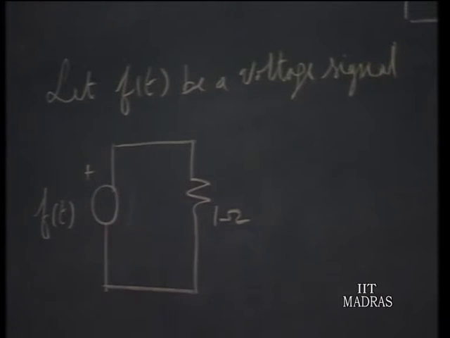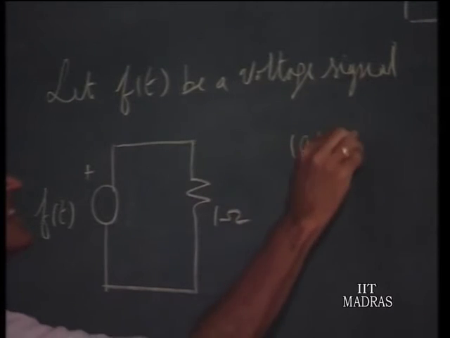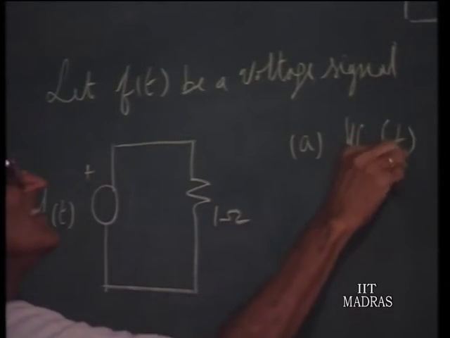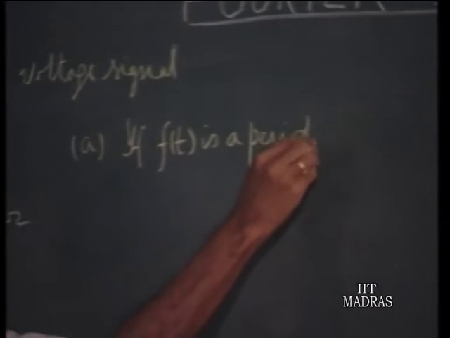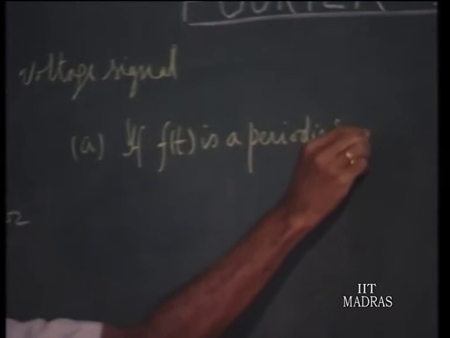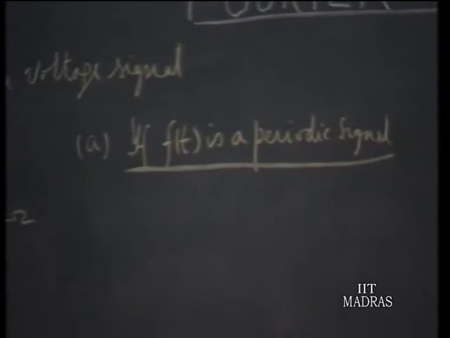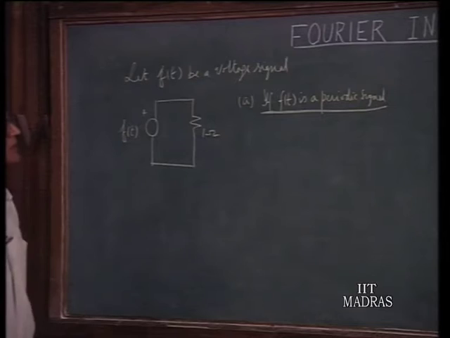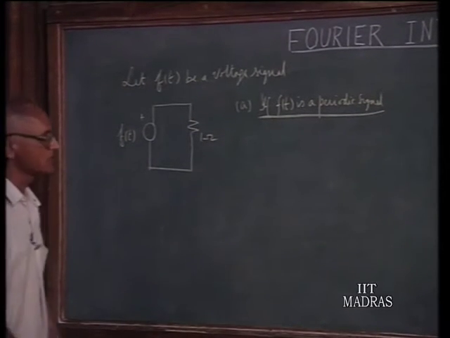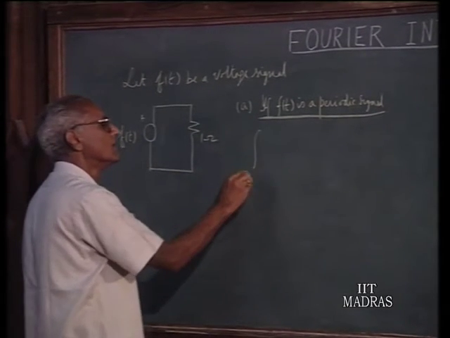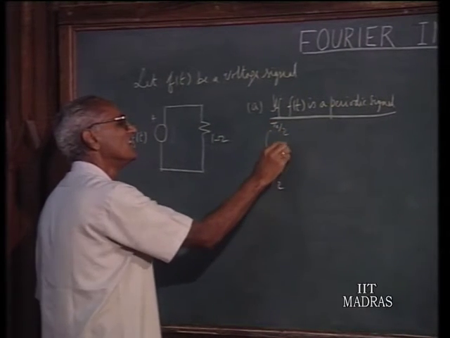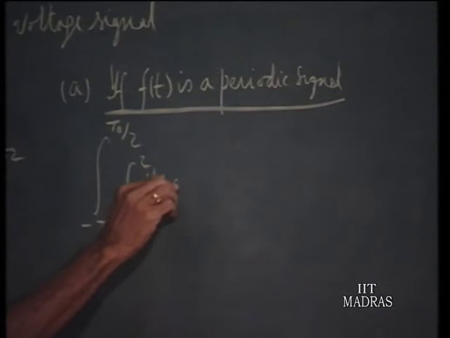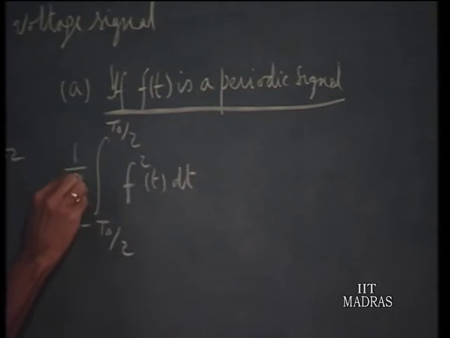Then, if f of t is a periodic signal, then the power dissipated in this 1 ohm resistor is, from minus T naught upon 2 to plus T naught upon 2 of f square t dt, the average value, 1 over T naught.